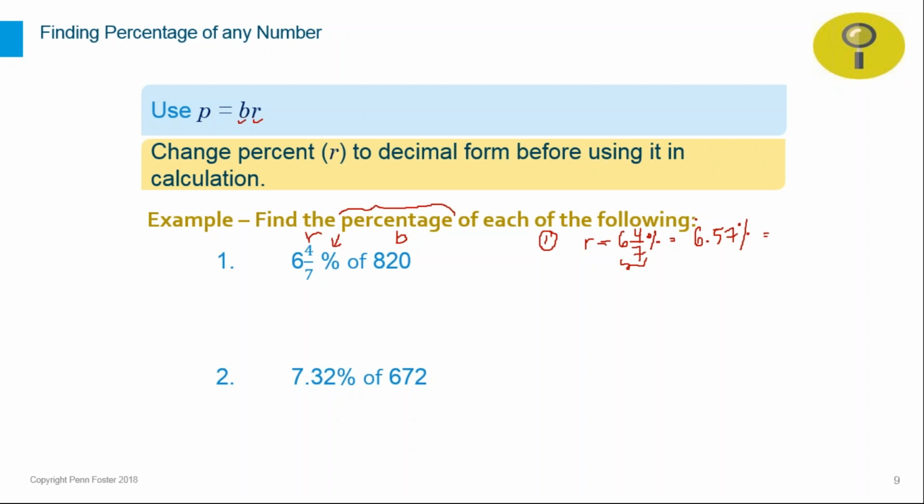So the decimal value would be 0.0657 and no percent sign since we divided over 100. So that is the value I'm going to use in my formula. So P equals the base B times R.